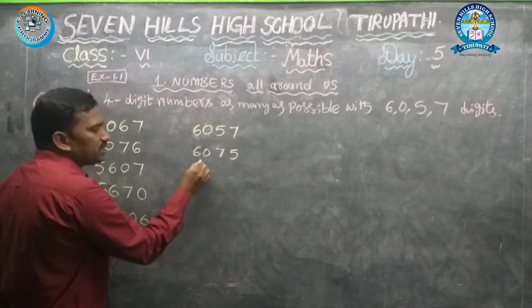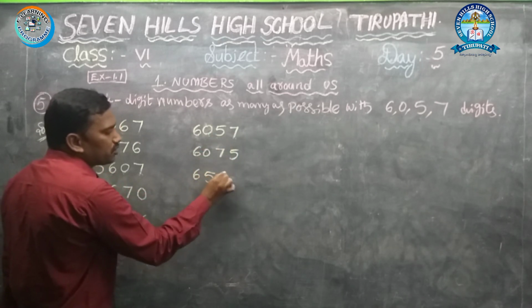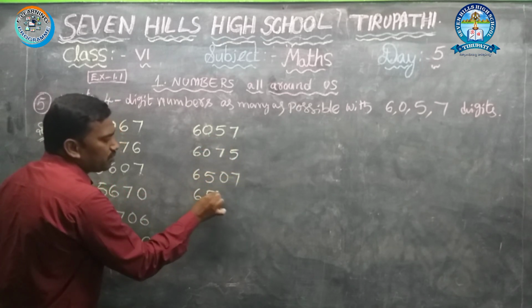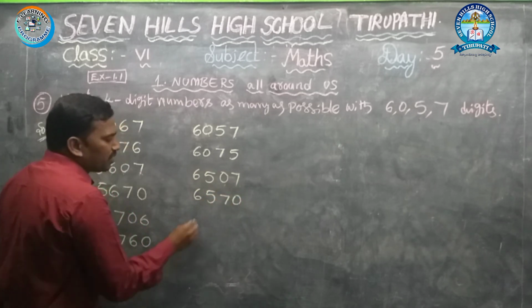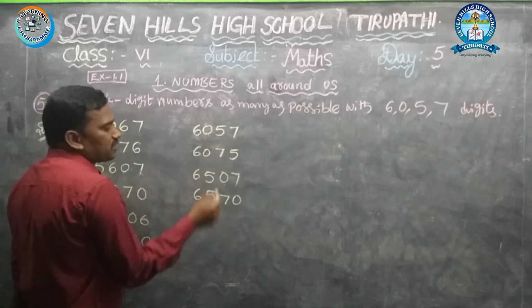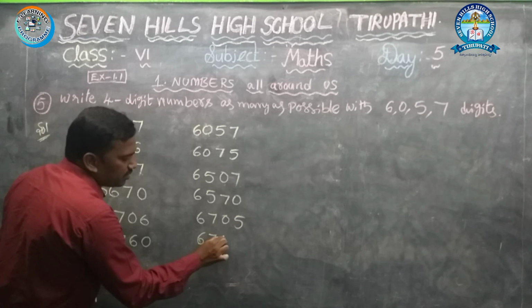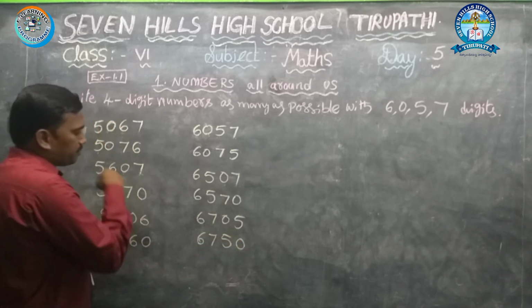Now after 6, 0, the smallest number is 5, right? So 6507, 6570. After that, 0 finished, 5 finished, then 7: 6705, 6750.